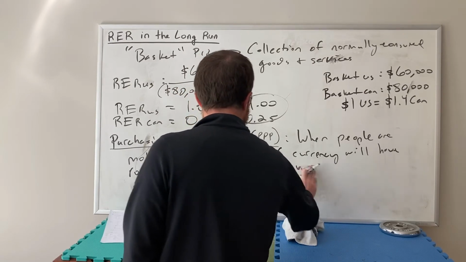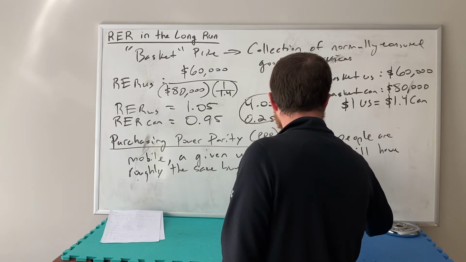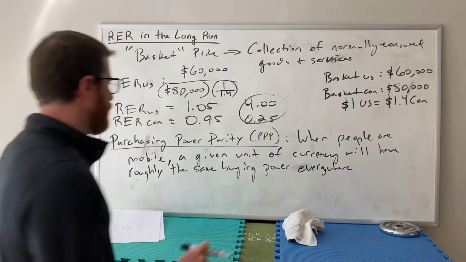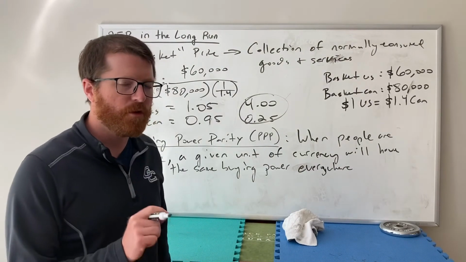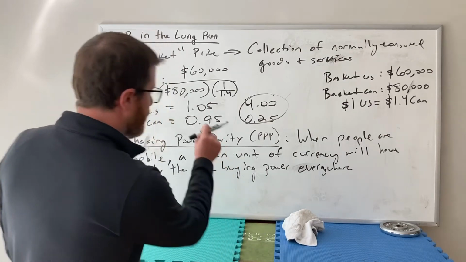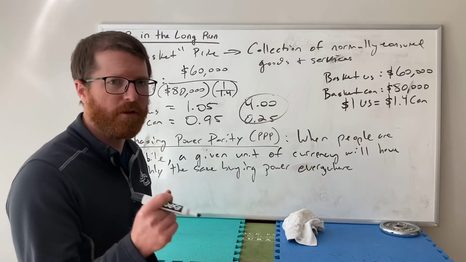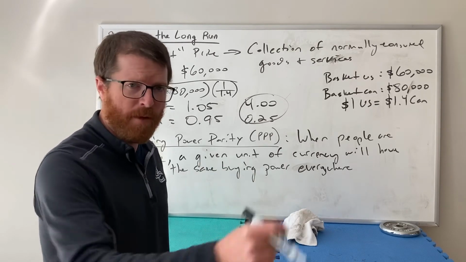And I want to make sure I'm very clear here because this sounds so similar to the law of one price. But again, the difference here is the law of one price says the price of any individual good or service will be the same everywhere. Whereas this is saying $1 has the same buying power everywhere. It doesn't mean $1 buys the same amount of beer everywhere.